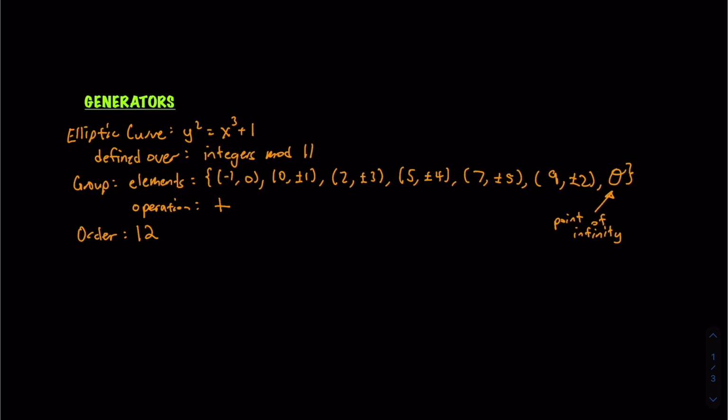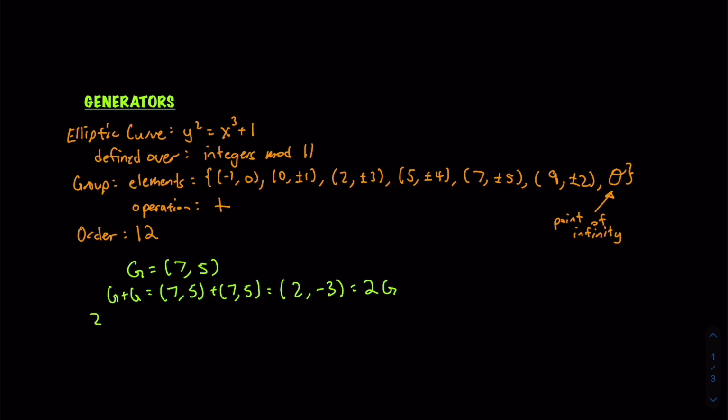Now I'll let you do this on your own and double check my work, but if you start with the point (7, 5), let's call it G, and do elliptic curve addition on G. So G plus G, which is (7, 5) plus (7, 5), equals (2, -3), which is 2G. Then do 2G plus G, which is (2, -3) plus (7, 5), equals (5, 4), which is 3G, and so on and so forth. You'll find out that you will end up with every element in this group. And therefore, (7, 5) is a generator.